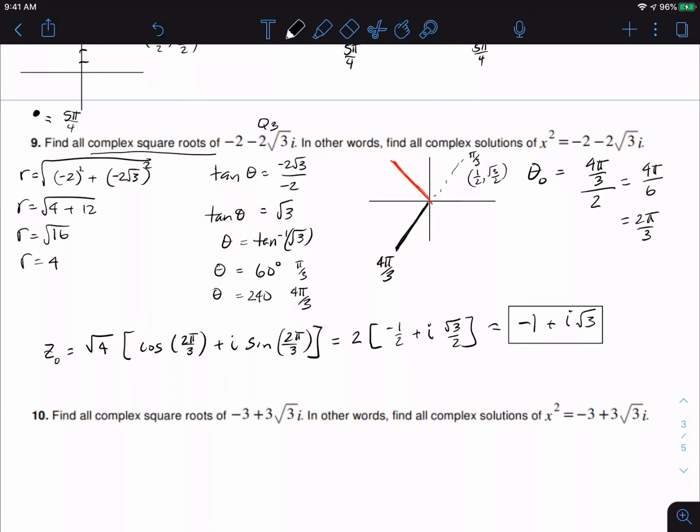Okay, now check this out. Z1, instead of getting all crazy, it's going to be 2 cosine, and I'm going to show you how to get the angle real quick. Remember, it's 360 or a full circle revolution divided by n. So a full revolution divided by 2, because our n is 2 in this case, is only going to be a half circle rotation, correct?